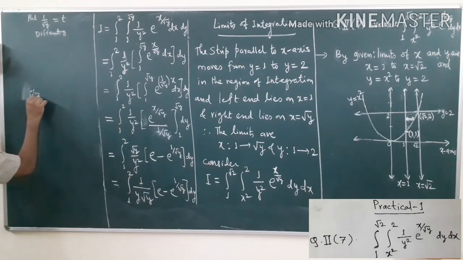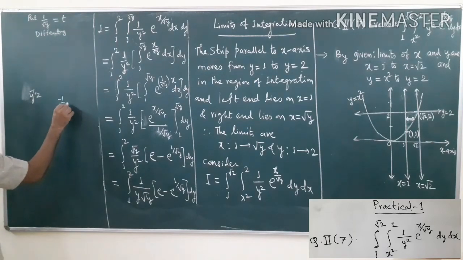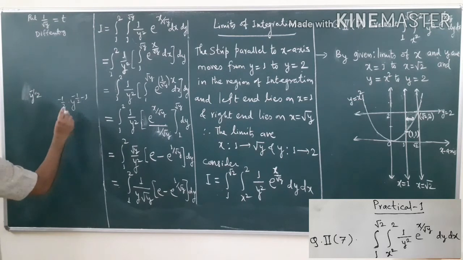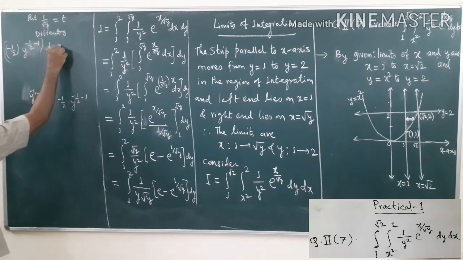If we differentiate y raised to minus half, what you get is minus half into y raised to minus half minus 1, and this into dy is equal to dt.